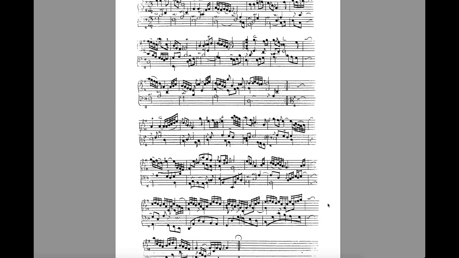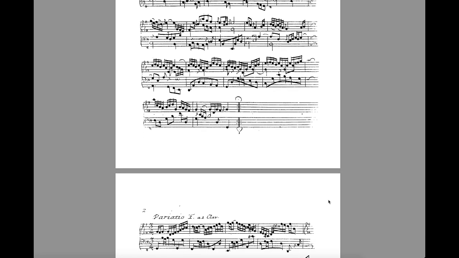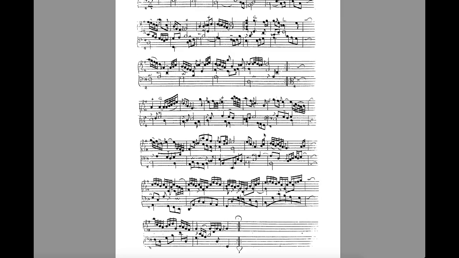So here's the aria. I'm just going to scroll through these very slowly and give my commentary. Look at, this is very important right here, where my mouse is. We see that Bach put a fermata here and a fermata here on the end of the aria.